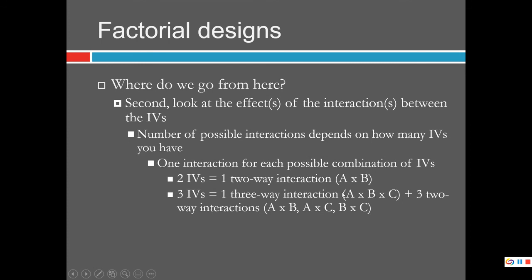You have a three-way interaction, where maybe all of these variables combine in some unique way to affect your outcome, an A by B by C interaction in this case. And you also have three other possibilities: A by B, A by C, and B by C. So when you have three independent variables that might all interact with one another, you have four possible interactions. You see how this snowballs relatively quickly.